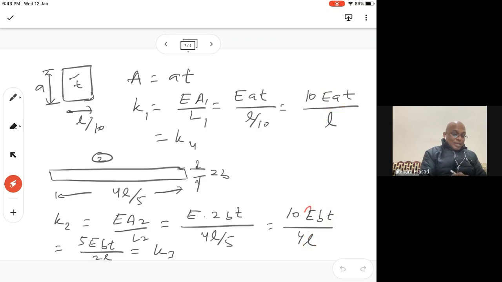So we can have E times T. We have 5 over 2 here, so we could have 10 as common, so that we have divided by 4 here. So we can also do like this.